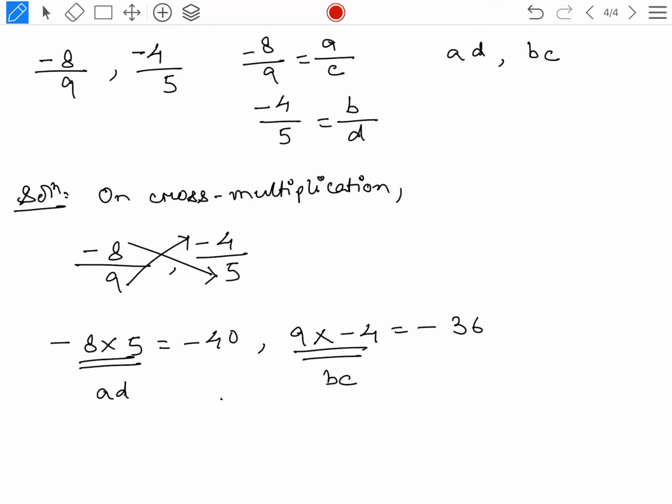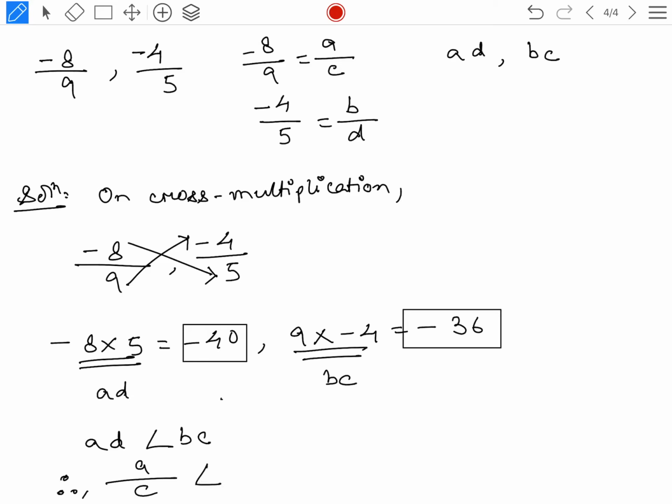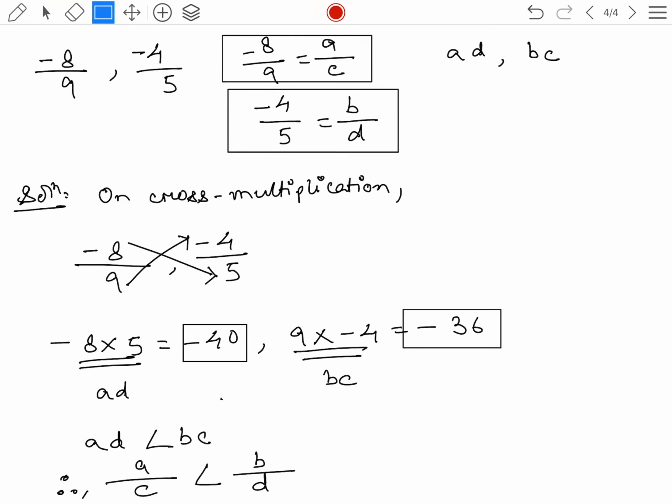Now in this case, what have we found? We found that AD is less than BC, because this minus 40 is less than minus 36. Since AD is less than BC, what was the condition? Our condition was A by C will be less than B by D. Now in our question, A by C means how much and B by D means how much?